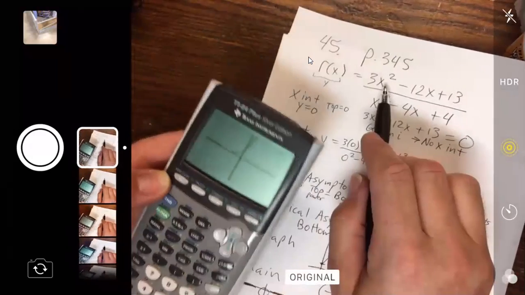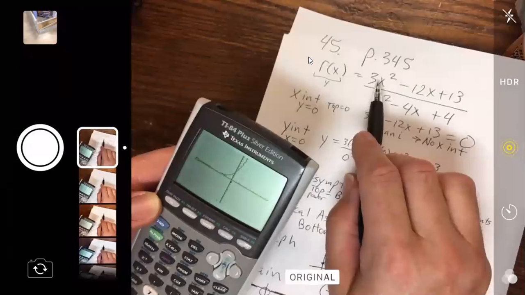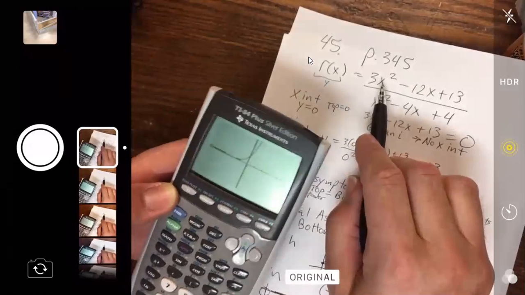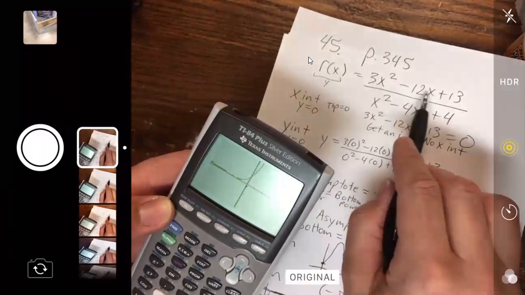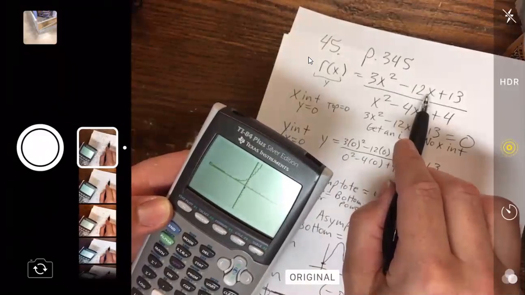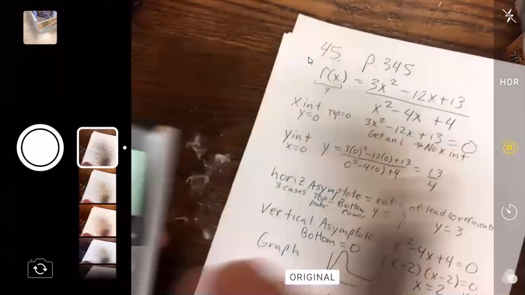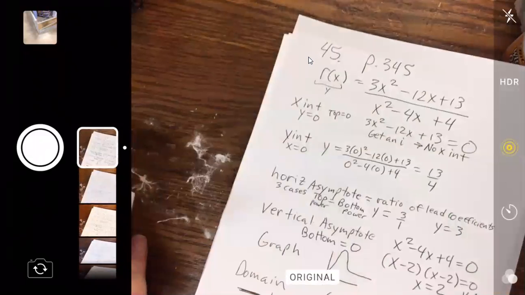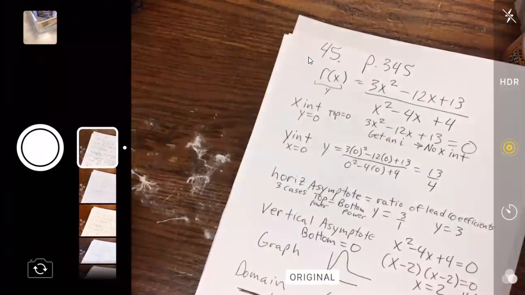Does -2 give you 0 out of that? It doesn't. That's why these things can be misleading. -2 squared is 4, times 3 is 12. -2 there would be plus 20. Did I copy this right? x squared minus 12x plus 13.